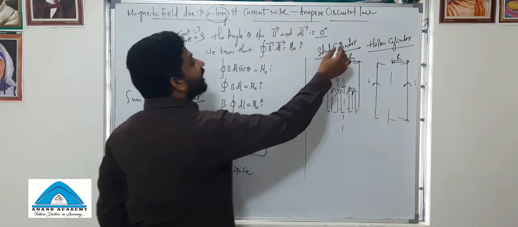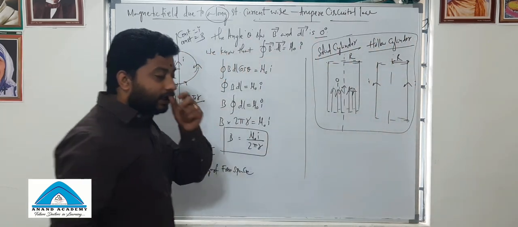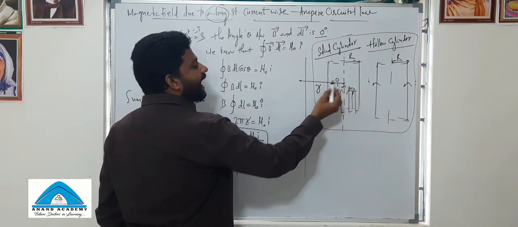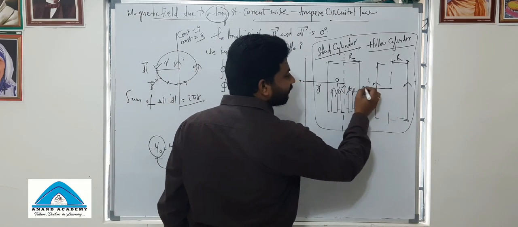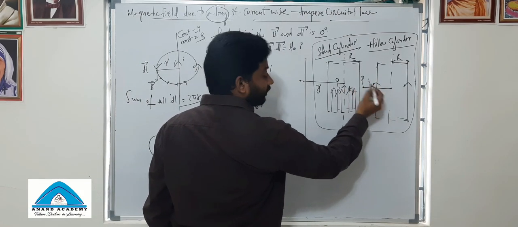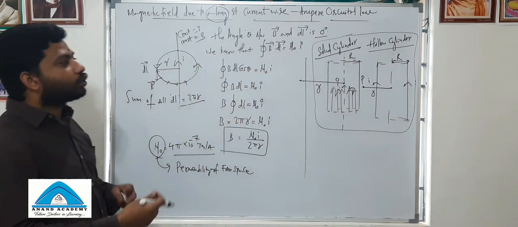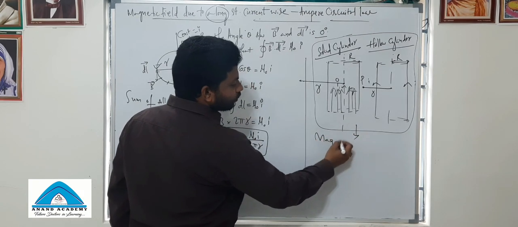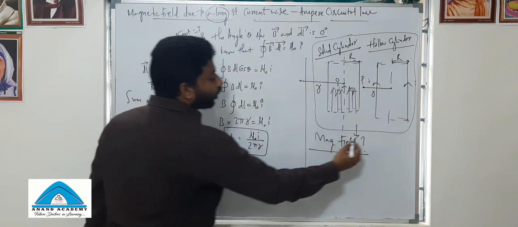So in these cases also, how do we find the magnetic field at some point P at a distance R from the axis of the cylinder? In both cases, let us understand. So the magnetic field in these cases at point P.